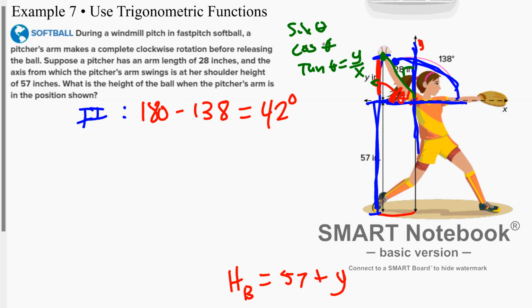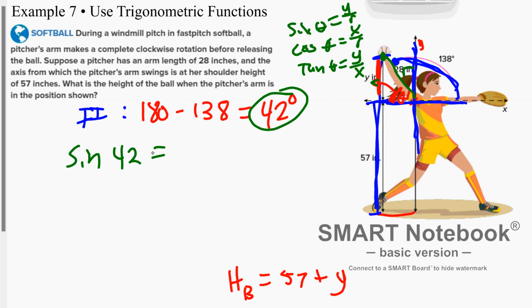Well, tangent is y over x, cosine is x over r, so that leaves us with sine of an angle is y over r. So sine of our reference angle, 42, is going to equal opposite, which is y, over our r, which we know is 28.